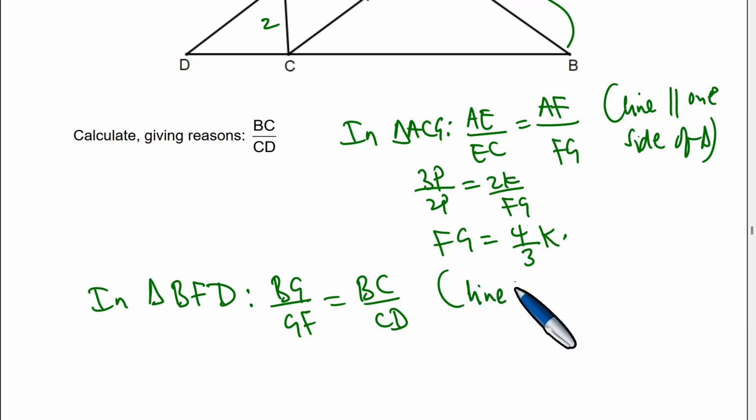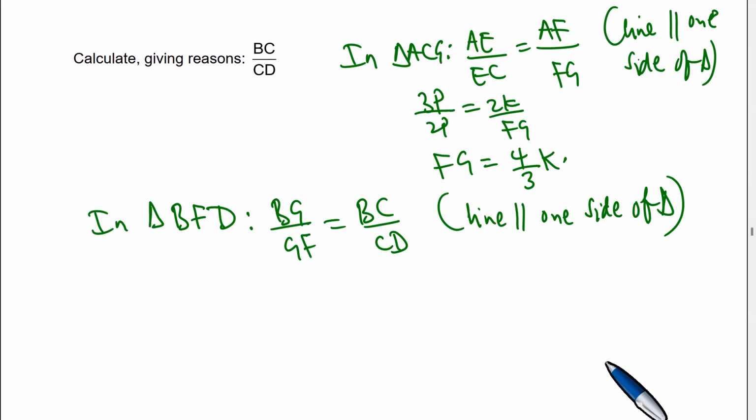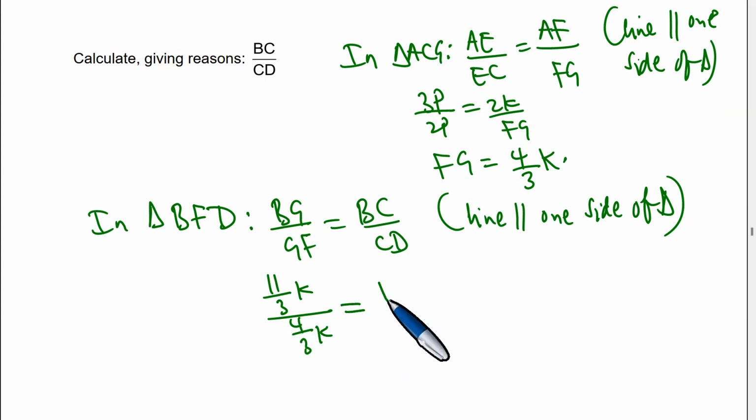Because of the line parallel to one side of the triangle. So this is 4 over 3, K, which is BC over CD.